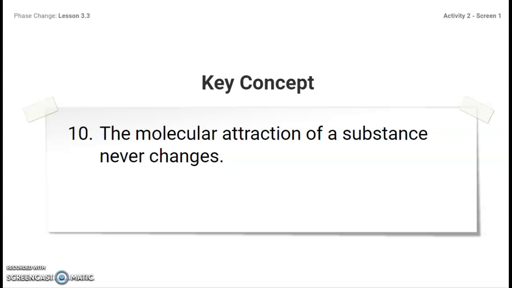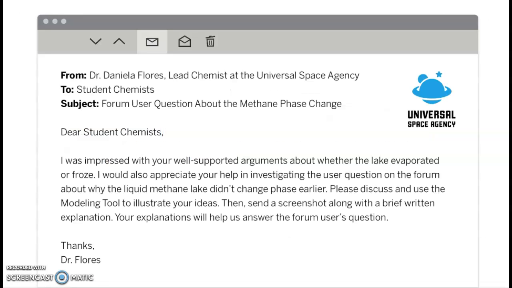So how can you connect this key concept to the video? If the molecular attraction of a substance never changes, how do you connect that to the video? Well, maybe this key concept was shown in the model because each type of magnet kept the same amount of attraction the entire time.